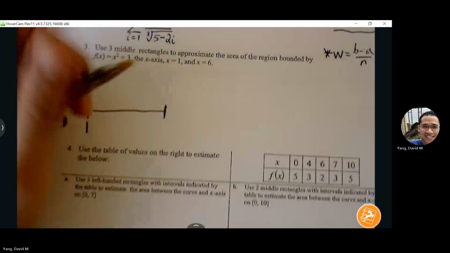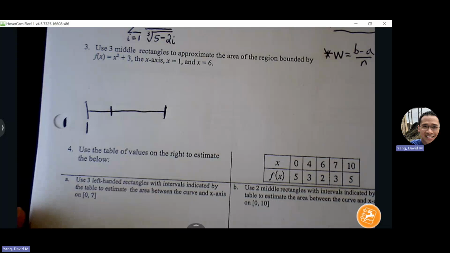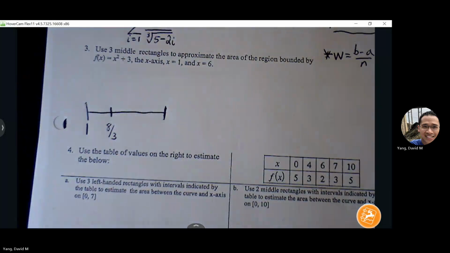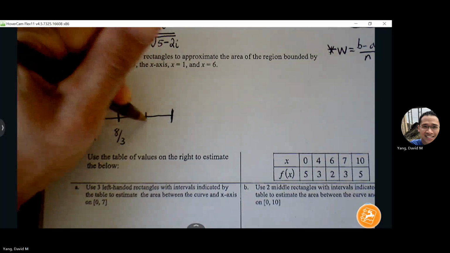So 1 plus 5/3, that's the same thing as 3 over 3 plus 5 over 3, which is 8/3. Then 8/3 plus 5/3 is 13/3.